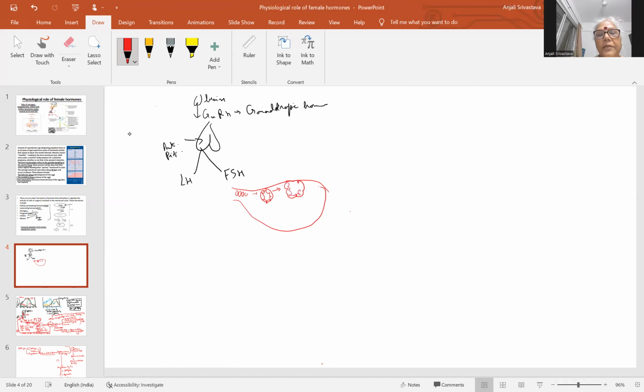In the previous class, we have seen the secondary follicle. At this stage, in secondary and tertiary follicles, before the follicle develops, these FSH and LH work together.